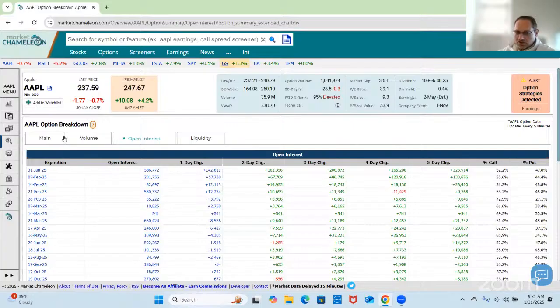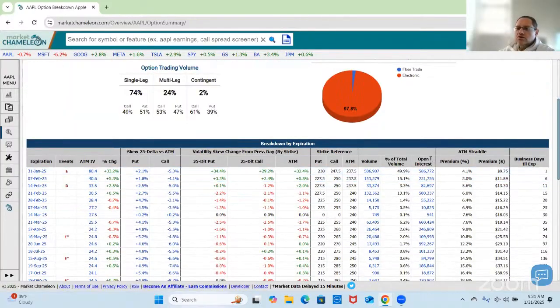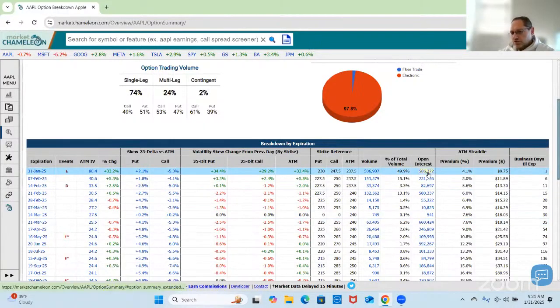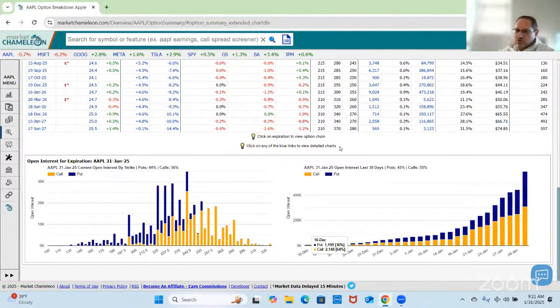Another one, let me just come back here for a second. On the main tab, we also see the open interest by expiration. If we click on here, this will give us a different graphical view. What this shows us is, for that expiration, stacked calls and put open interest by strike.